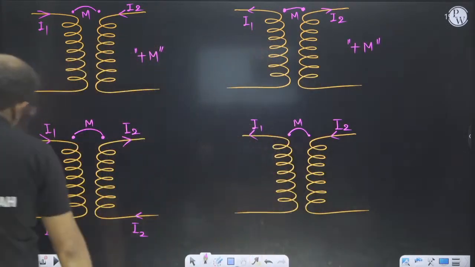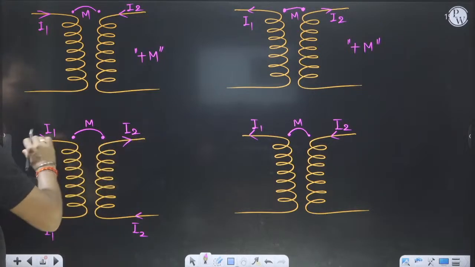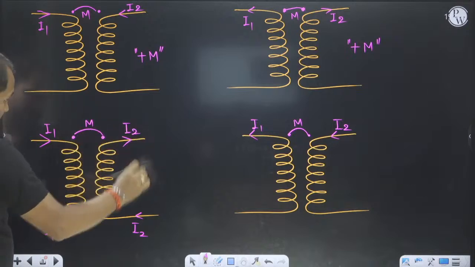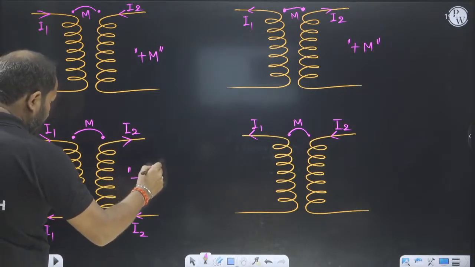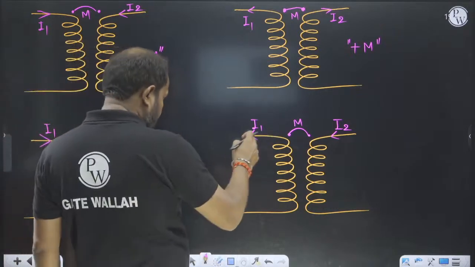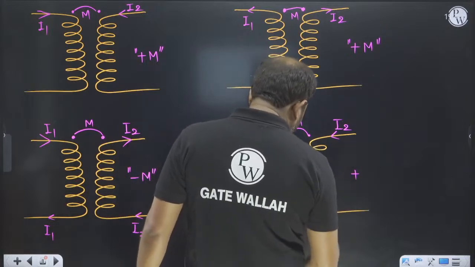And in this case, it is entering and it is leaving. So this one is entering towards the dot and this is leaving from the dot. So it is opposite, so it will take minus. Here also, here it is leaving and here it is entering, so they are opposite, so it is minus.